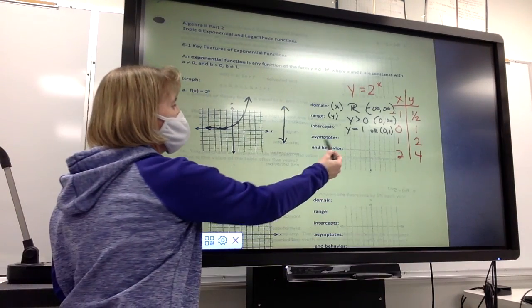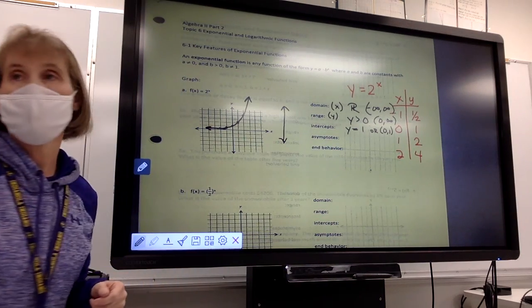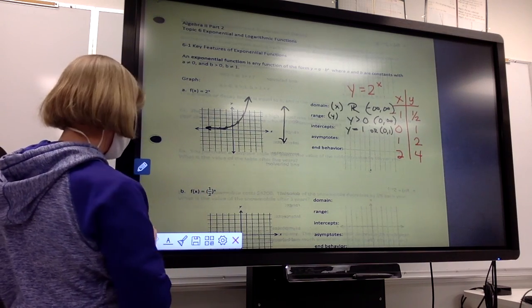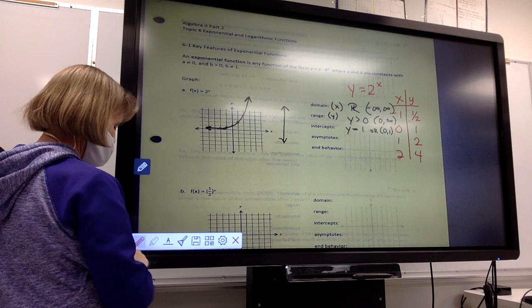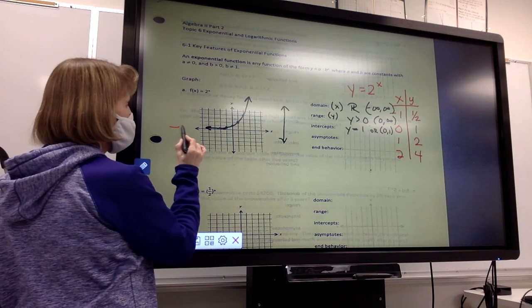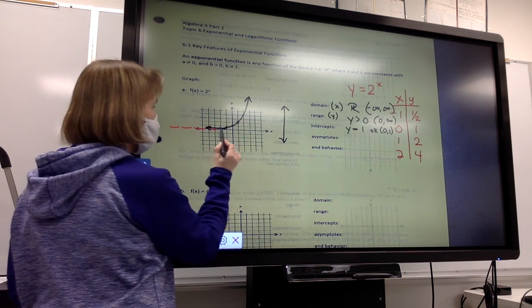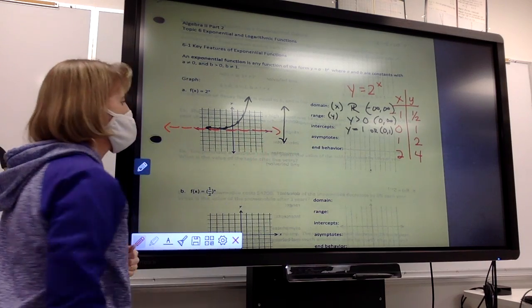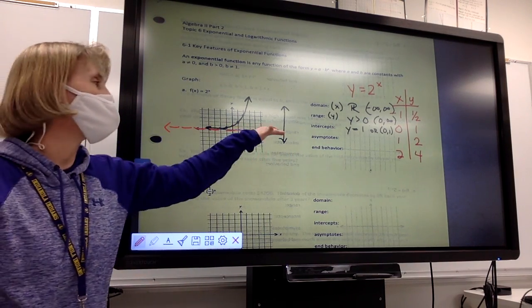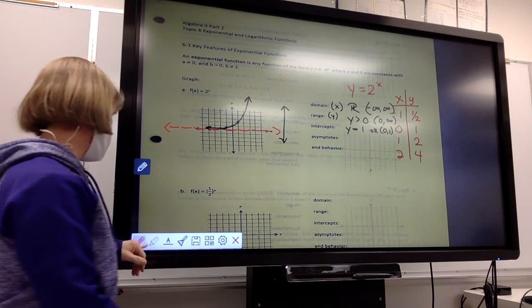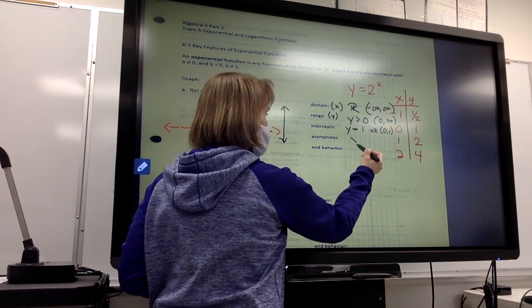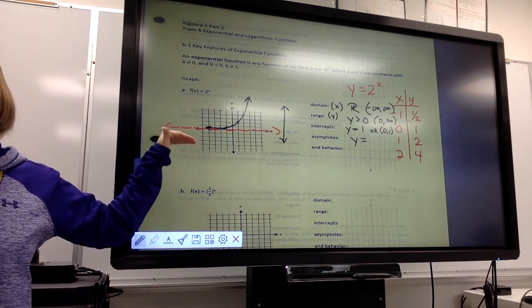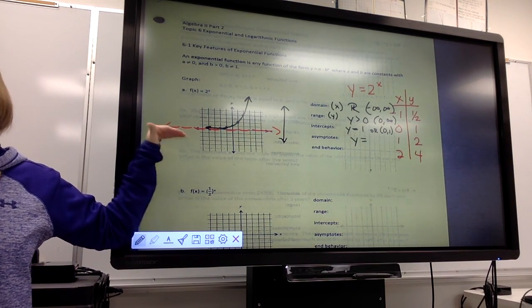Now, do you remember what an asymptote is? Okay, that's a broken line that we use, so that shows the graph approaches but doesn't touch. So the asymptote, however you want to pronounce it, I've heard both, would be this line. It's horizontal, so I would say y equals, and then it's approaching 0 without ever touching 0 or crossing 0.